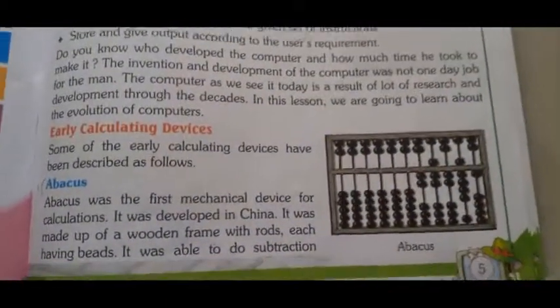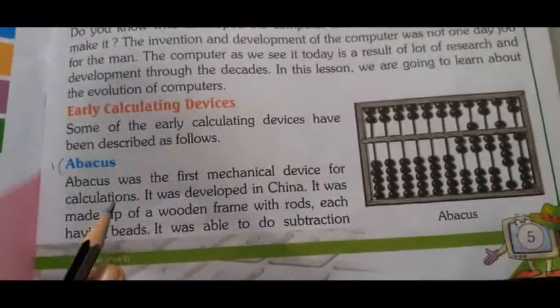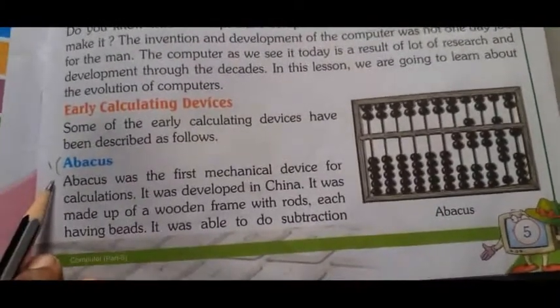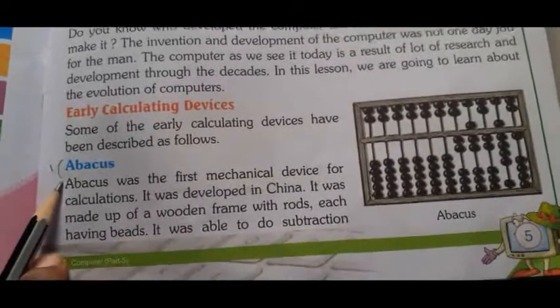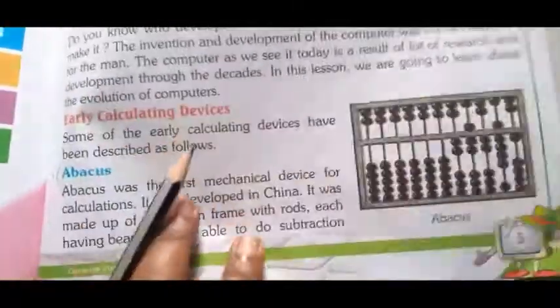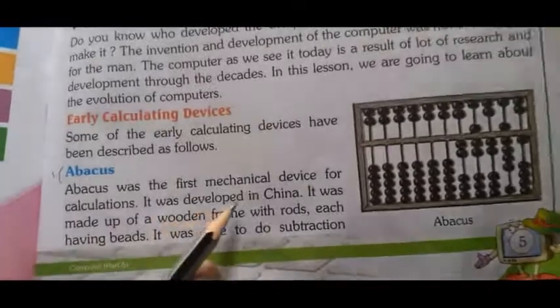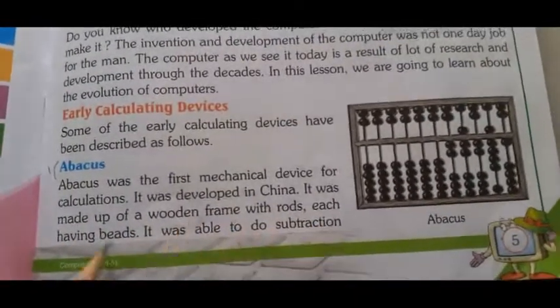See page number 5. Page number 5, last paragraph is there, no? Abacus. From here onwards, you should write the side heading abacus also. Abacus was the first mechanical device for calculations. It was developed in China. It was made up of a wooden frame with rods, each having beads.